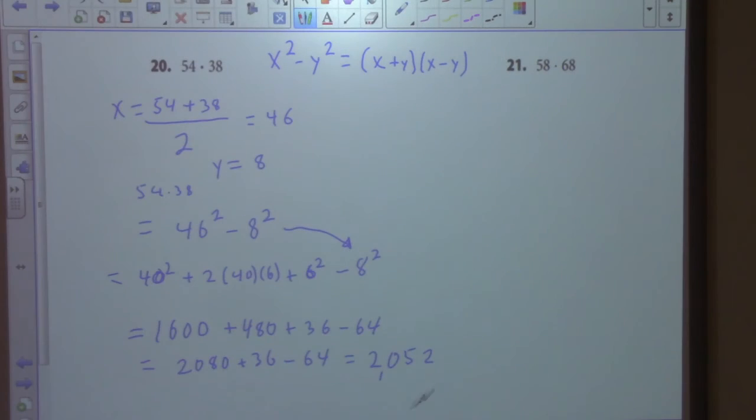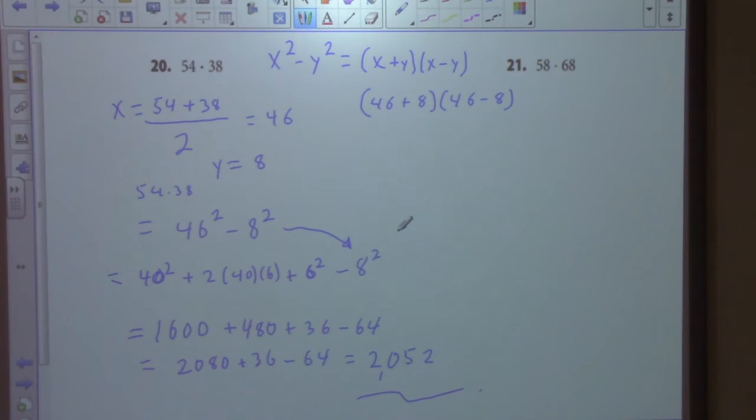Okay, yeah, so what it is, you're going to use this identity, right? To do a difference of squares, to make this work out, I can rewrite this as 46 plus 8 times 46 minus 8.